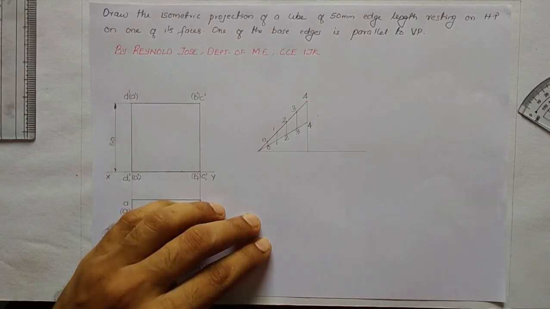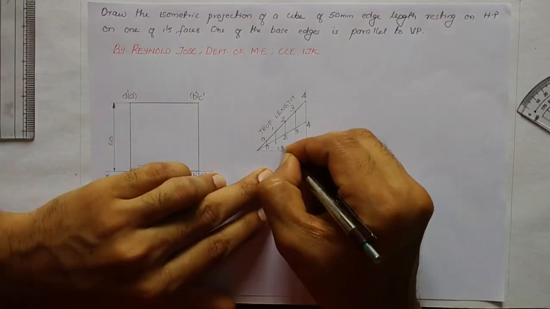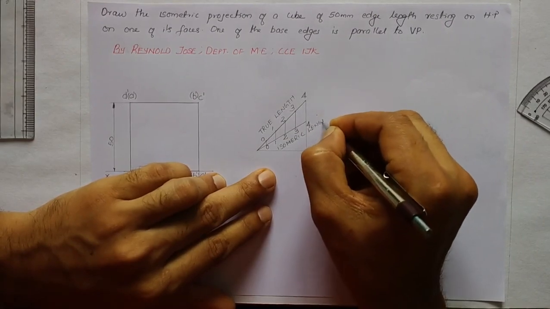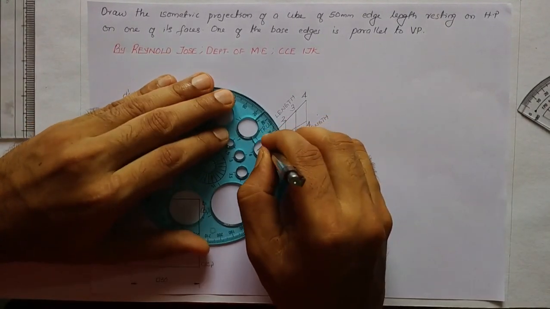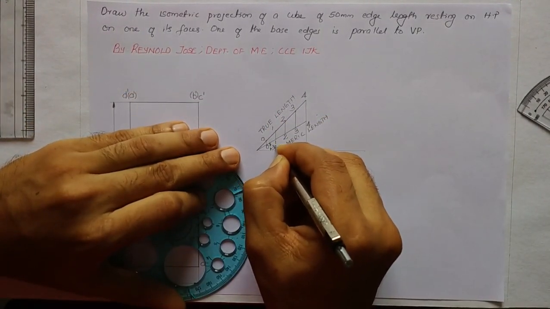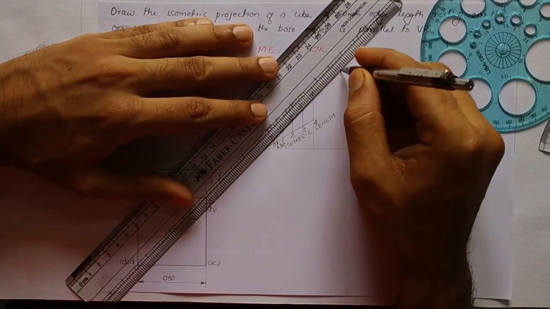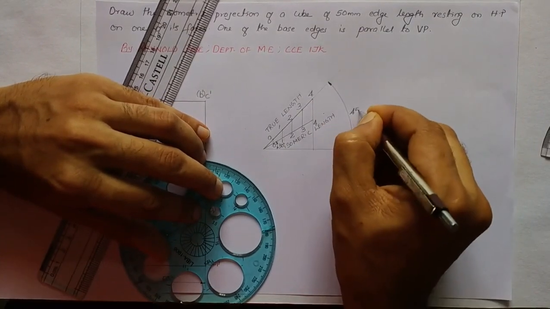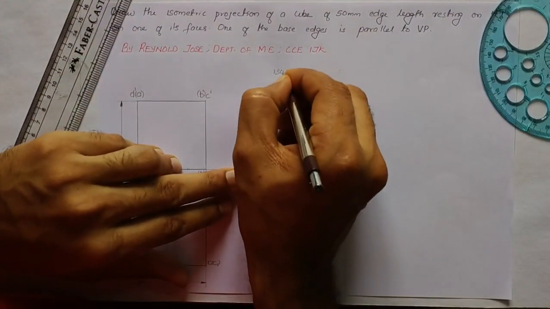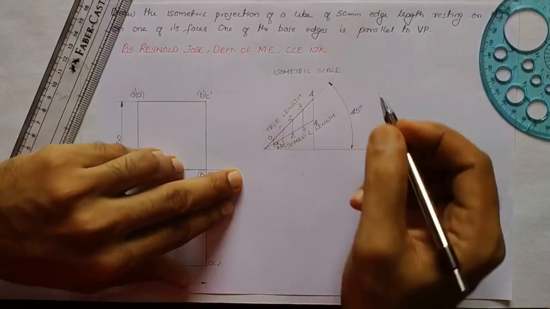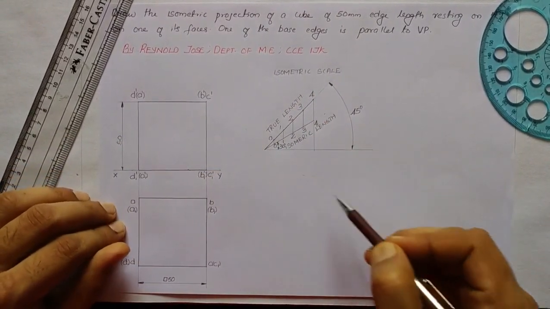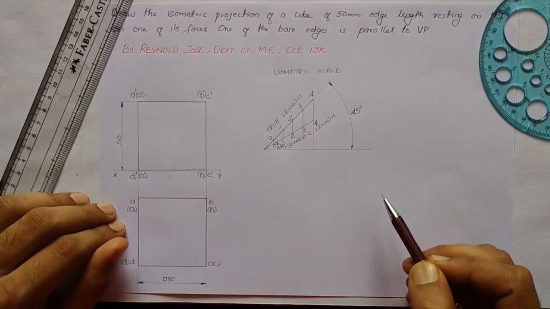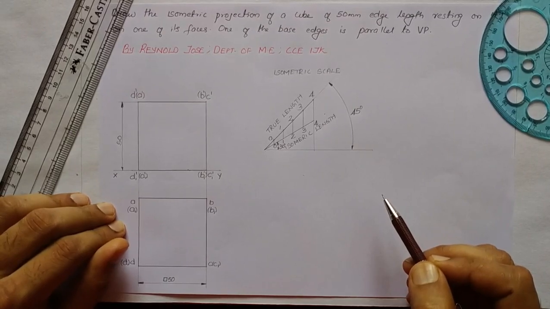We have to mark the two angles also. This total diagram is known as the isometric scale, which will help to take isometric lengths.